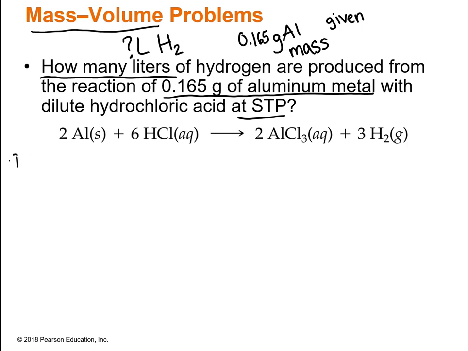The first step is always going from mass to mole. So we've got grams of aluminum, and we need to get to moles of aluminum. And I'll label here with the reaction our given, which was the aluminum, and our unknown, the hydrogen gas. Look at your periodic table and tell me what the molar mass of aluminum is.